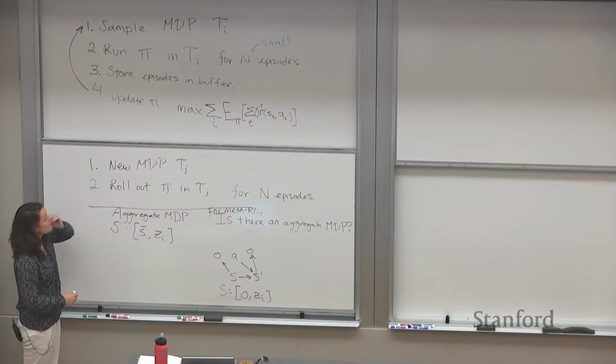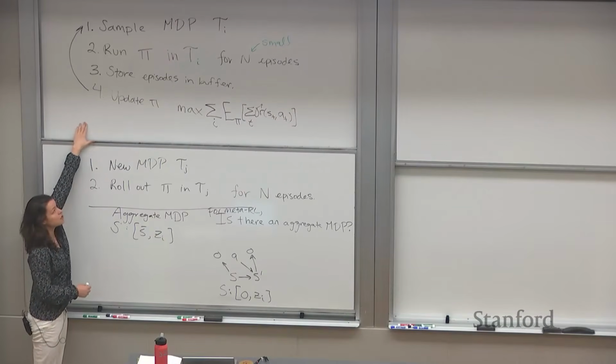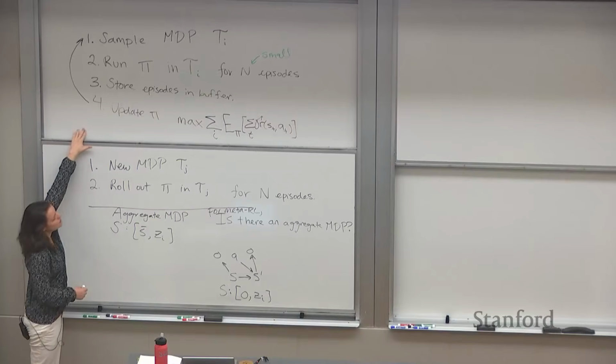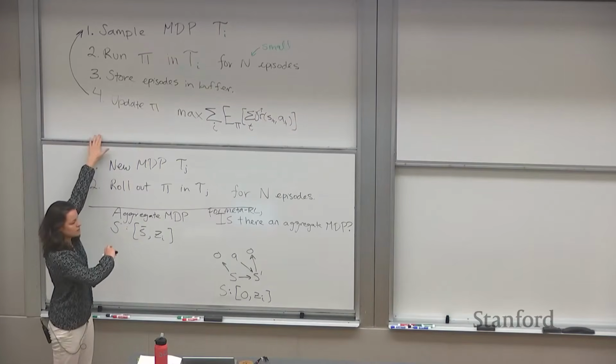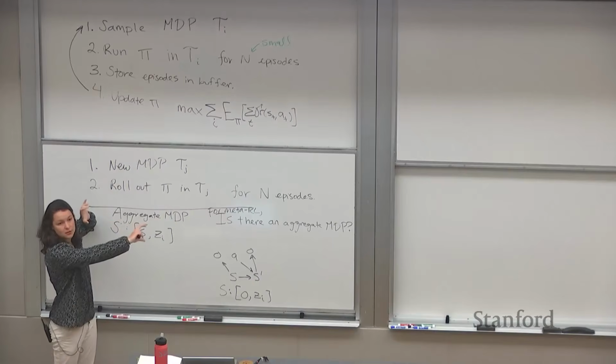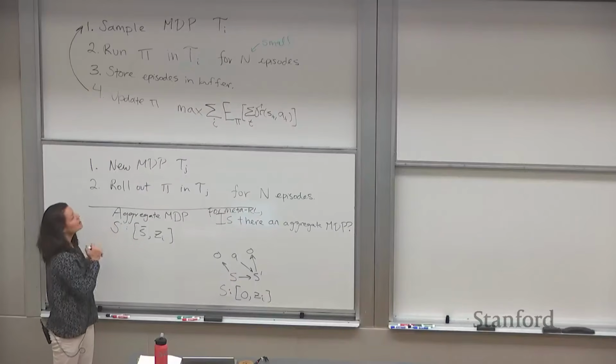Yeah, so the question is, can I elaborate on what specifically is in the replay buffer? So typically each replay buffer will have a sequence of episodes. Basically each thing in the replay buffer will be a sequence of episodes from a given MDP.